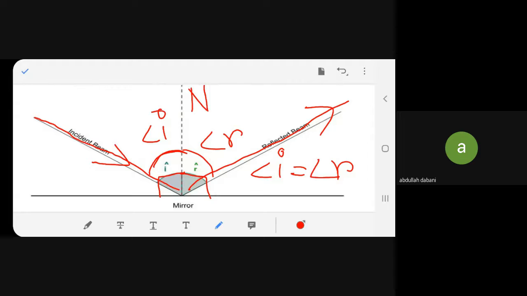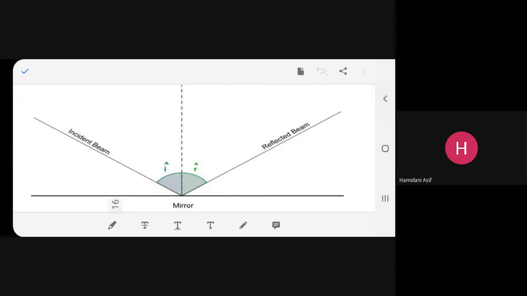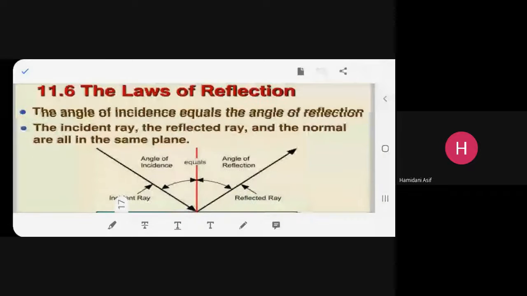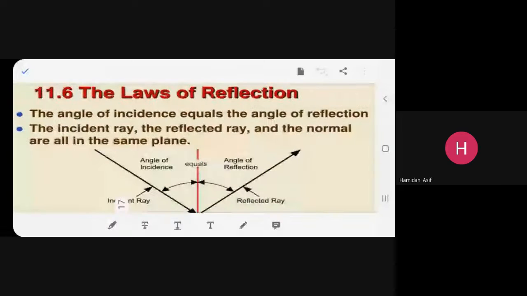All of you? Girls who are present, are you understanding? Yes, ma'am. Okay. So this is the first law of reflection. Same thing with the second law. Please read with it.